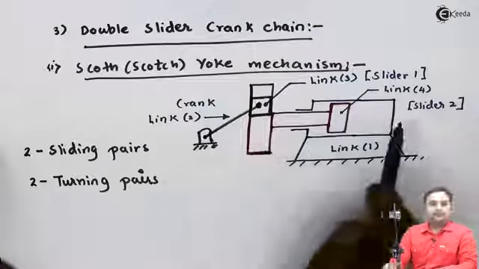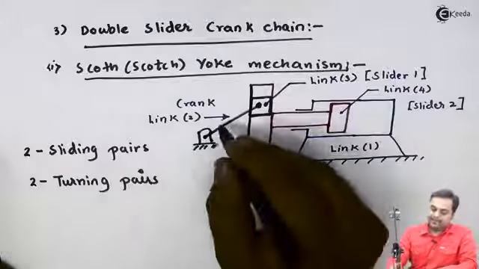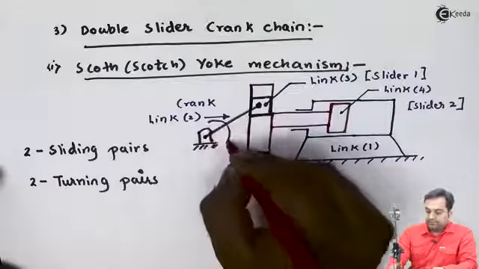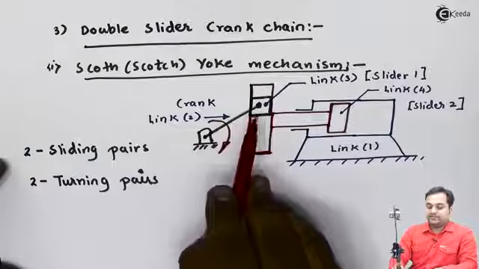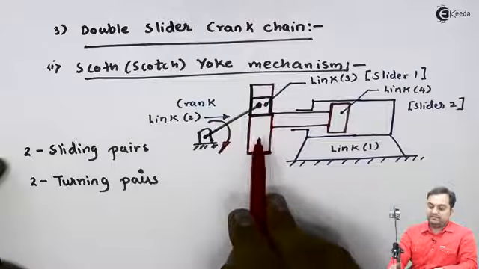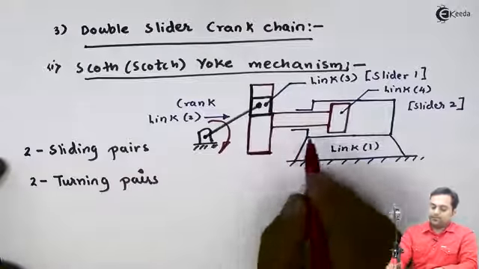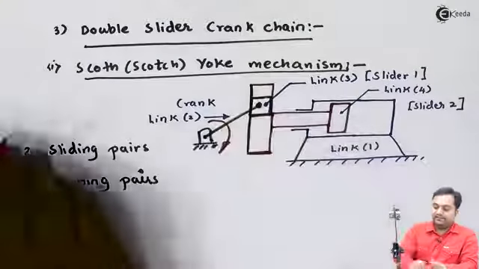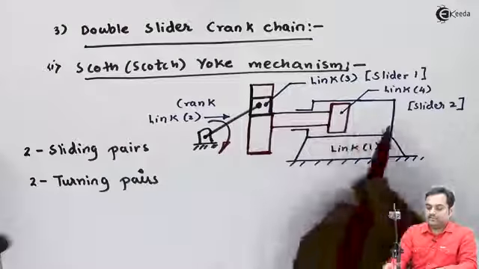So how this mechanism works is that when we are fixing link 1 and giving motion to link 2, the crank would be rotating. So when this crank rotates, slider 1 slides inside this cylinder, and when it is sliding, it would be pushing this piston. So when we are having such a mechanism and when the crank rotates, the slider slides, pushing this piston towards the right.